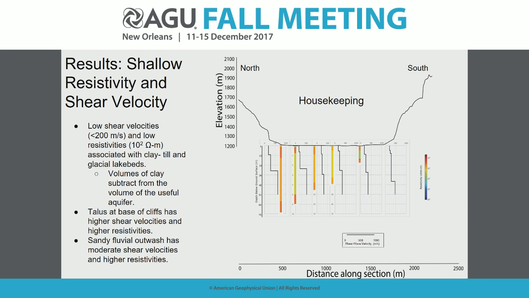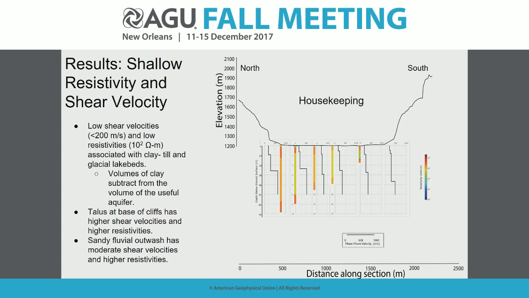For the resistivity and shallow REMI, the talus, closer to the profile on the sides, where the cliff faces are, has higher shear velocities and higher resistivities, and you can see that on this transect especially, it matches up pretty well.